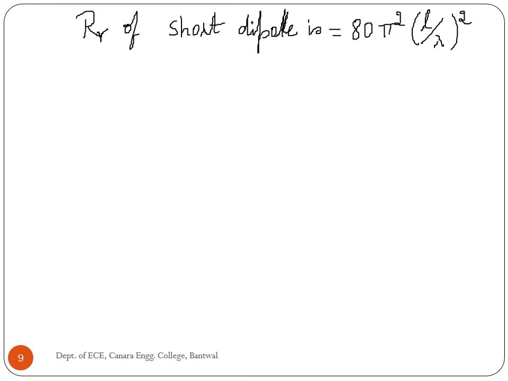Power density of incident wave at the dipole is related to the field intensity, given by E square divided by Z naught.